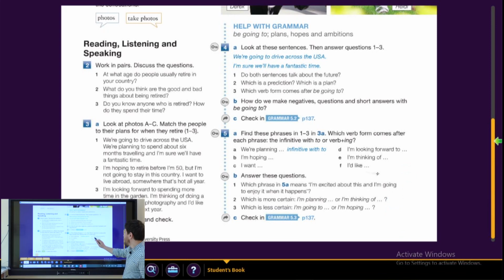And D, I'm looking forward to, followed by verb ing. Look on here, I'm looking forward to spending more time in the garden. Like, I'm really looking forward to buying a house. Or I'm looking forward to seeing my childhood friends.